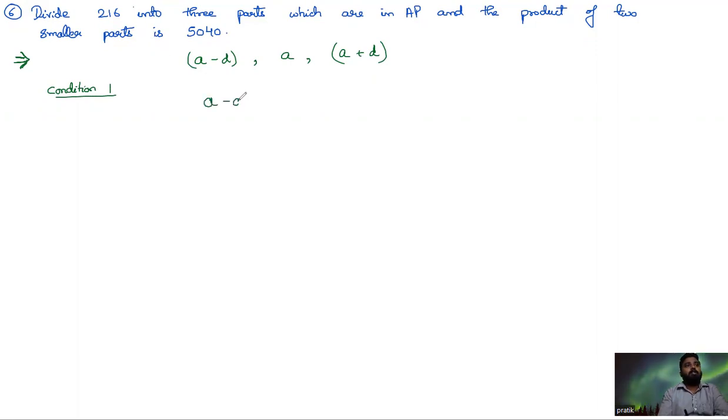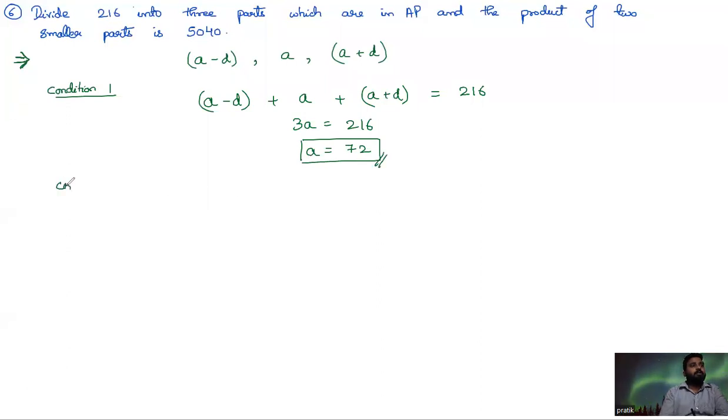A minus D plus A plus A plus D. This is an indirect way of asking consecutive numbers, which is again teacher's favorite. So from here you get 3A is equal to 216. So A is nothing but 3 sevens are 21, 3 twos are 6. A is nothing but 72.